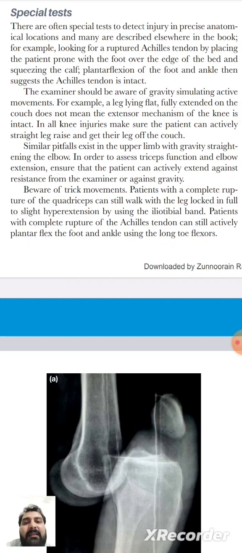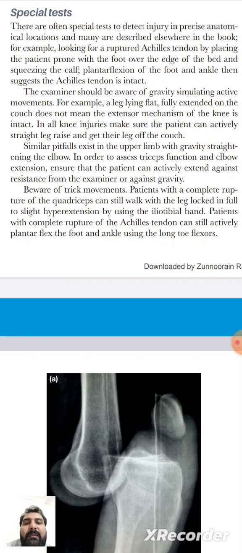The extensor mechanism has three components: the quadriceps muscle and its tendon, the patella and the ligamentum patellae, and they make the leg extend. If this mechanism is working, the leg extension will be perfect, and if the extensor mechanism is damaged, the patient cannot extend the leg.